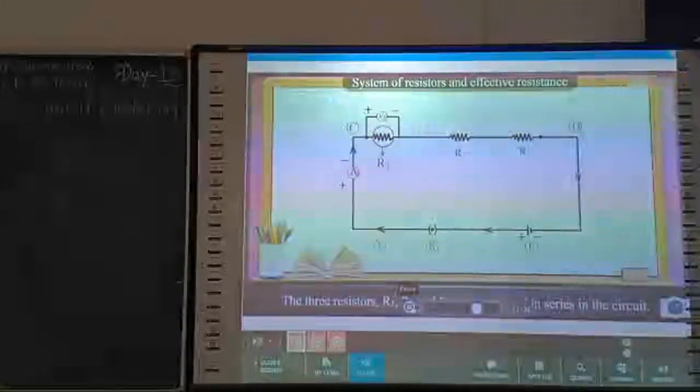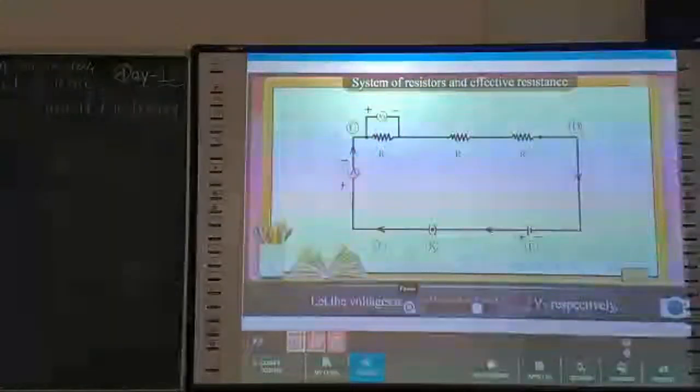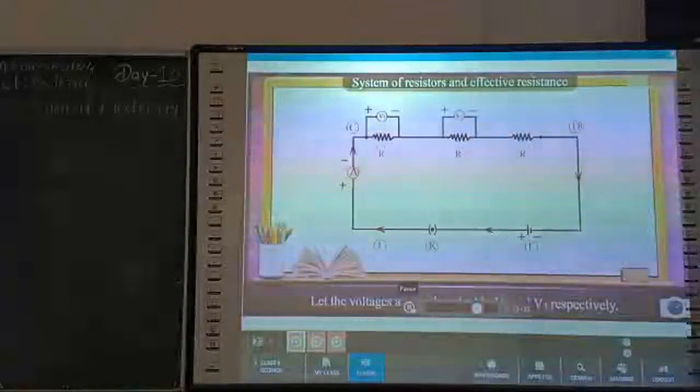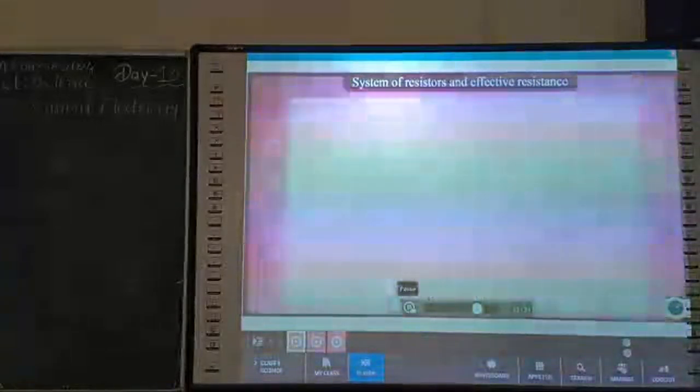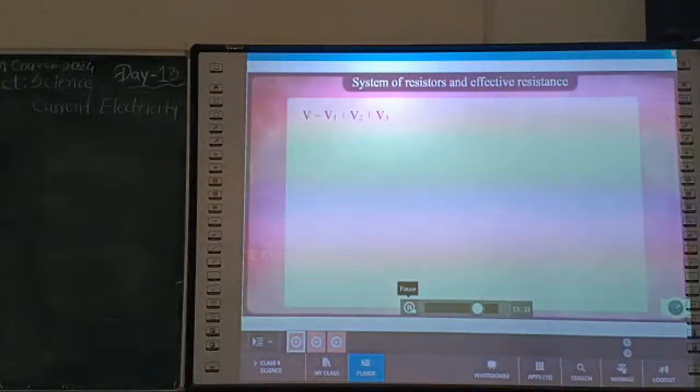Resistors R1, R2, and R3 are connected in series in the circuit. Let the voltages across them be V1, V2, and V3 respectively. Then V is equal to V1 plus V2 plus V3, equation 1.